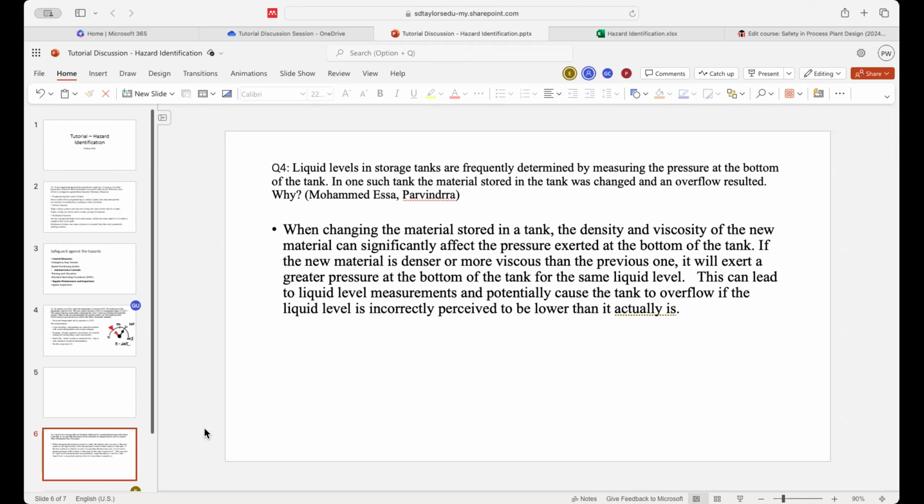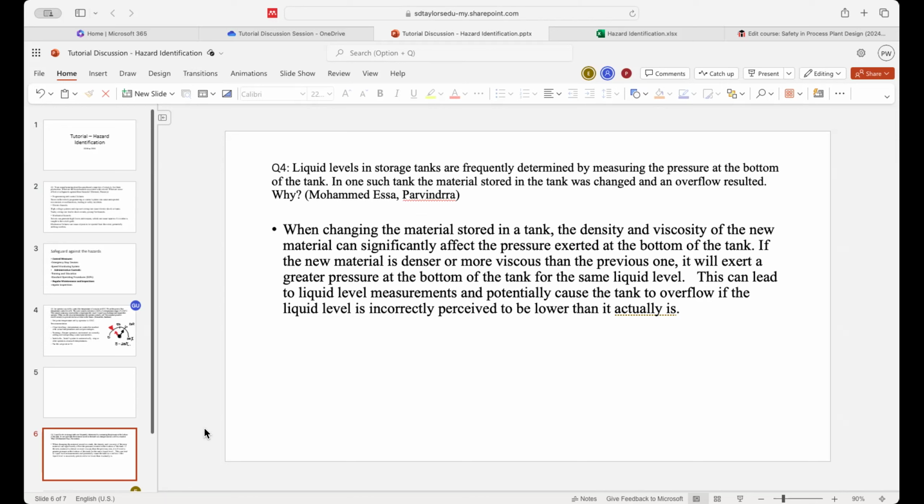If you didn't change the setting of the level measurement, the pressure will say, oh, this is so light, and so this is the level. Even if it's at maximum level already, it will still think that it is lower. And so you get an overflow.